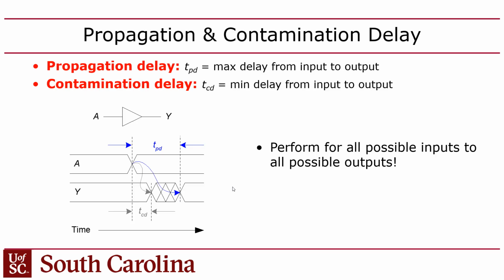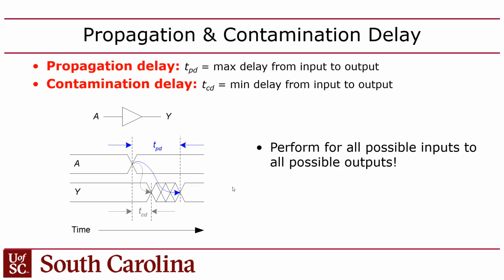Because as it turns out, sometimes, depending on what input you change and how you change it, whether it's a rising edge or a falling edge, or which input you change if you have more than one input, the delay can be different. And so propagation delay is the maximum amount of time, the worst possible case, for how long it will take from the time you change an input to the corresponding output.